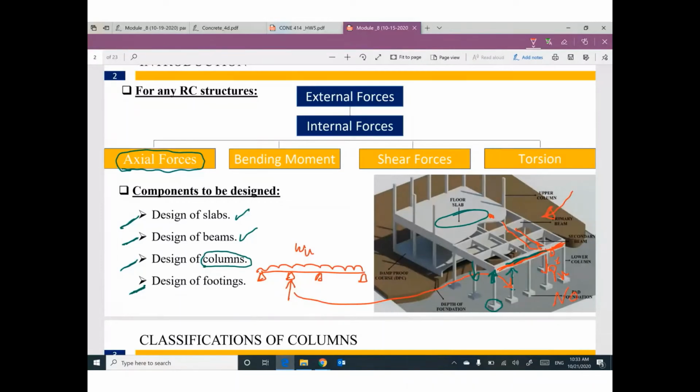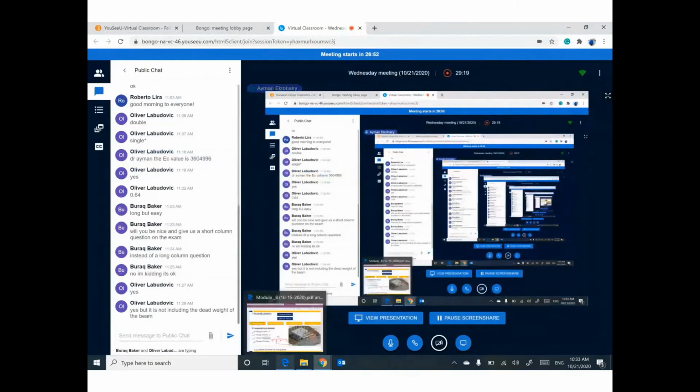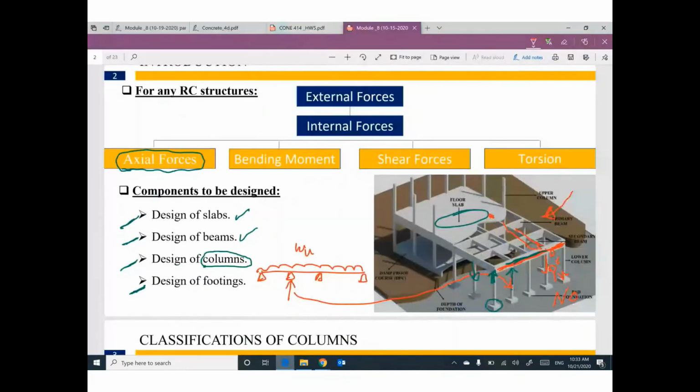Why? We missed something. You should answer this question, guys. You missed something. You have a beam, this beam. You considered the own weight of the beam, the weight coming from the slab, the live load, everything. And finally, you have distributed load here.